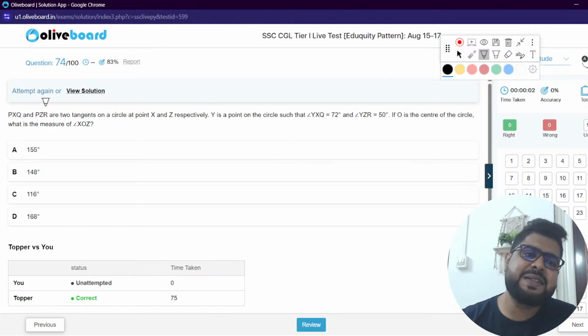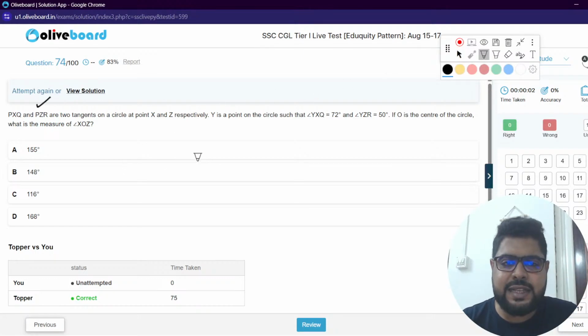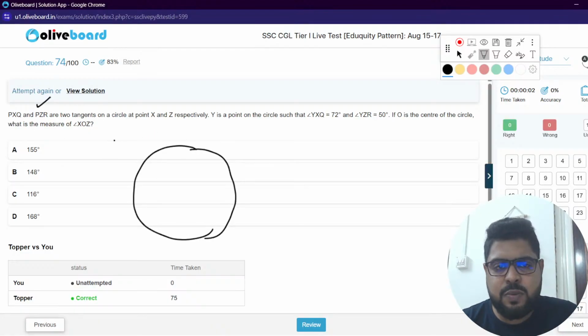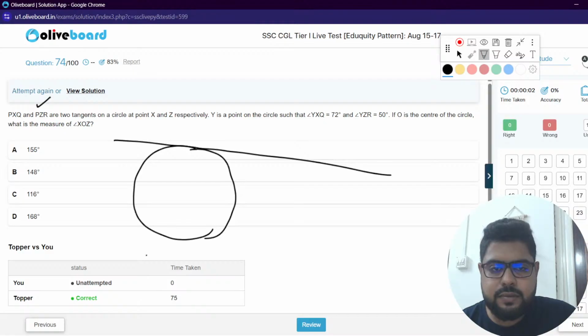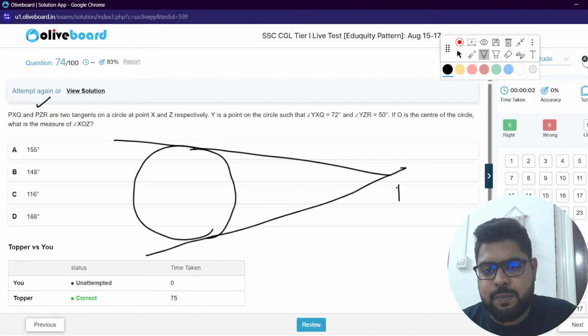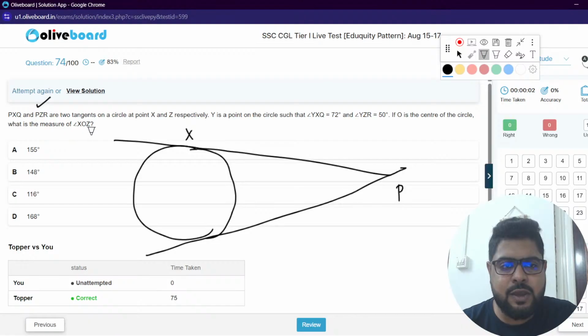Right? Chalo. Sir, two tangents on a circle. Chalo, let's see. PXQ, PZR, meaning from point P, tangents XQ and PZR.